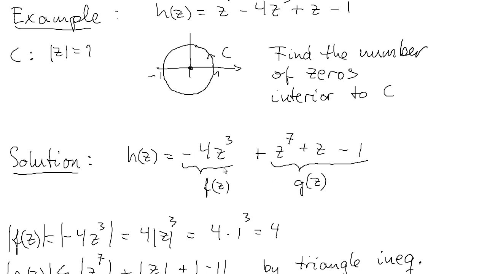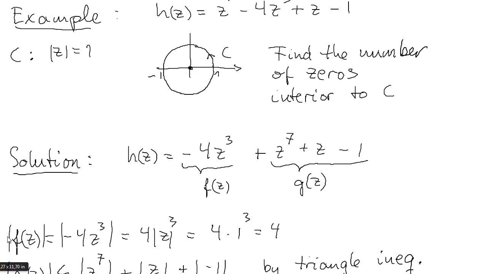But okay, if we now choose f of z to be this part of h of z, then h of z is the sum of these two functions, and this function is rather easy to find the number of zeros inside the circle, because it must be 3. All 3 zeros of this function are placed at the center of the circle, namely in the origin, and they have multiplicity 3 because this is a third order polynomial.